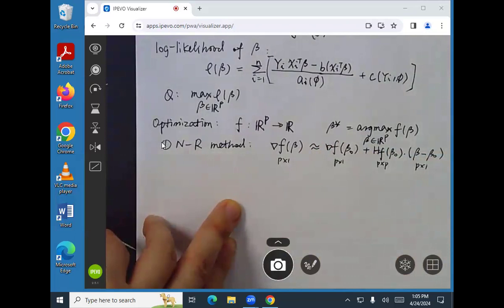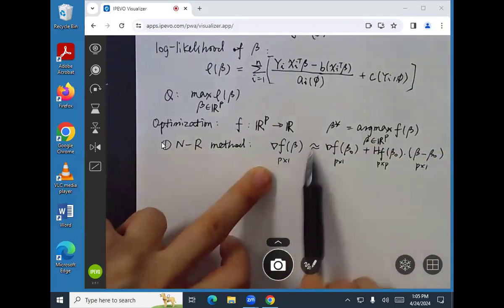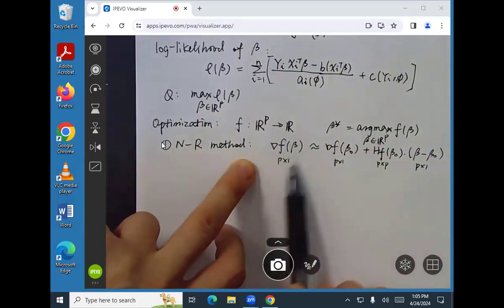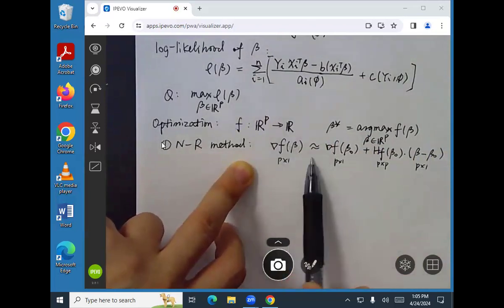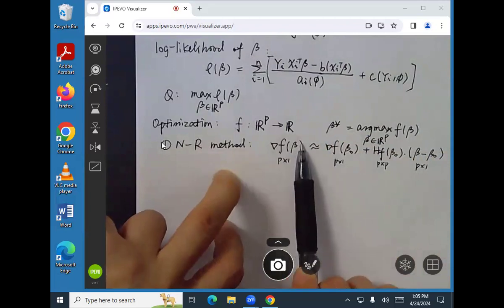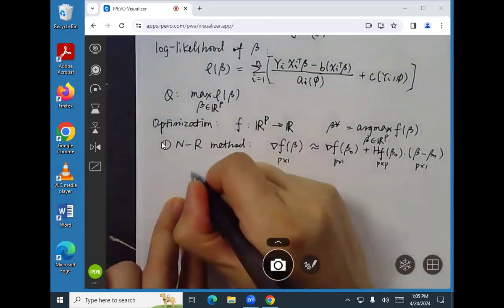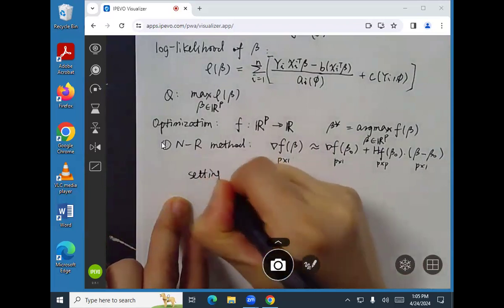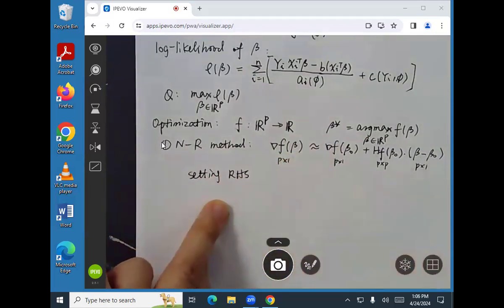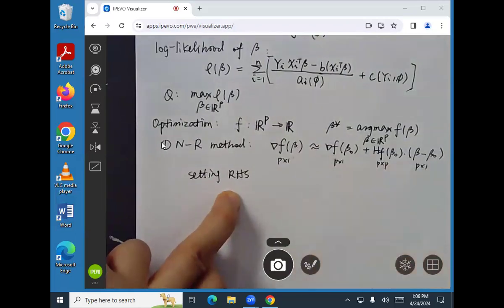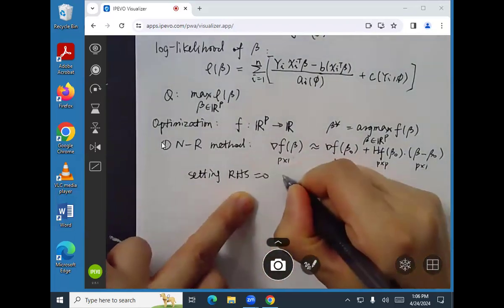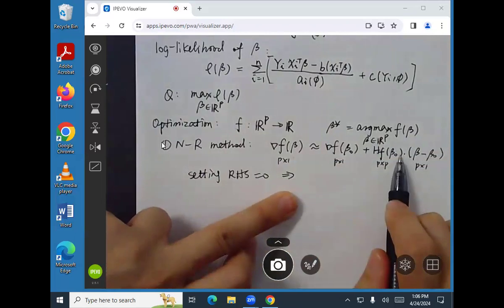And the reason we do this Taylor expansion is that the gradient itself in the exact terms may be very complicated. Then setting the gradient to 0, it may be difficult to solve. So therefore, we're not setting the gradient to 0, but we're setting the approximation to 0 to solve for beta. So basically, setting the right-hand side, RHS, to 0 gives us an update.